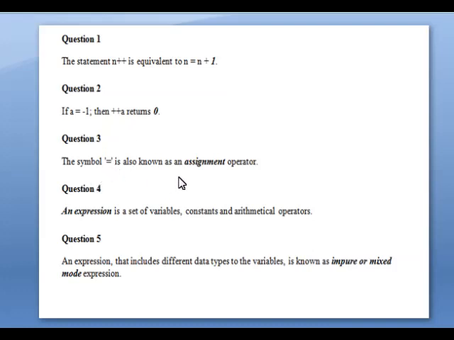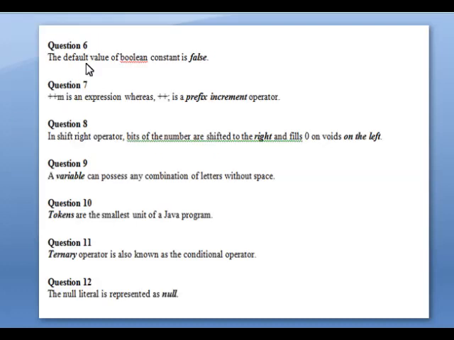An expression is a set of variables, constants and arithmetical operators. An expression that includes different data types of the variable is known as impure or mixed mode expression. Next, the default value of a Boolean constant is false. ++m is an expression, whereas ++ is a prefix increment operator.